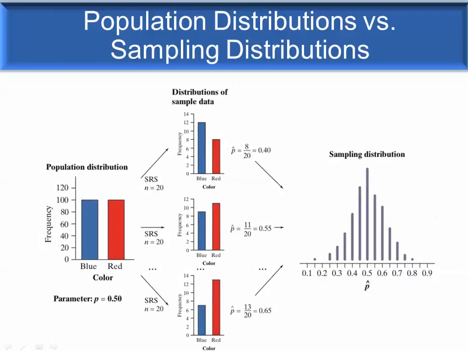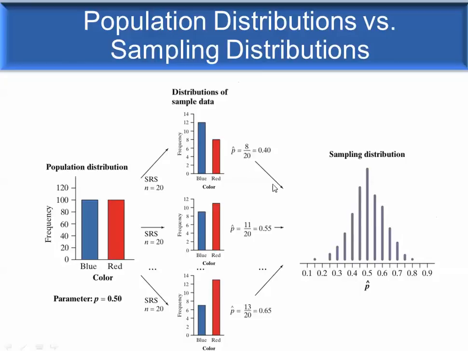And to describe that, if we were to ask a population, what's your favorite color, blue or red? And again, theoretically, we actually know what the population distribution is, and that's showing that half the people like blue and half the people like red. Well, if we were now to take samples of the people in that population, so we know we have 200 people in our population because we have 100 blue and 100 red, here we're going to take samples of size 20, and we're going to ask each one of those samples of 20 people, what's your favorite color, blue or red?